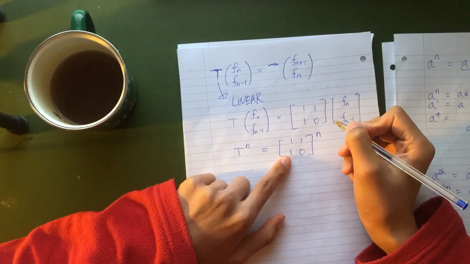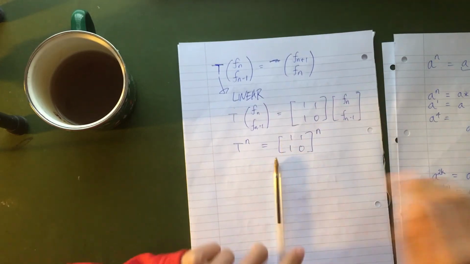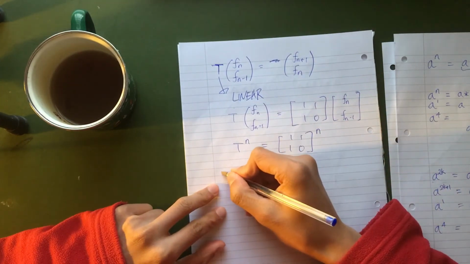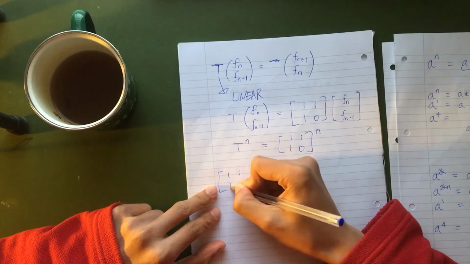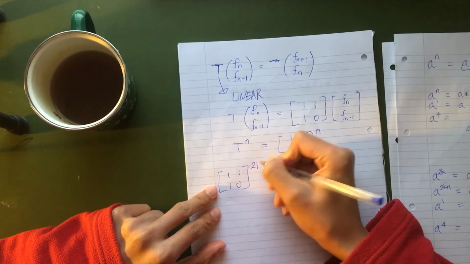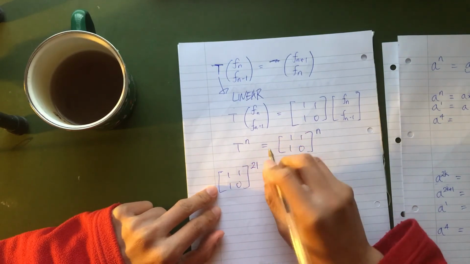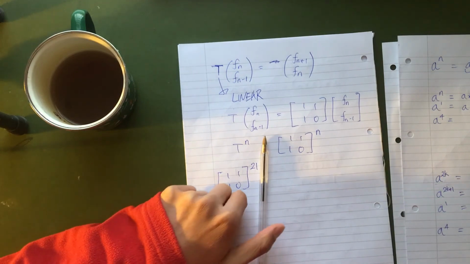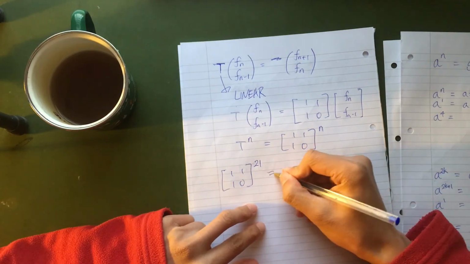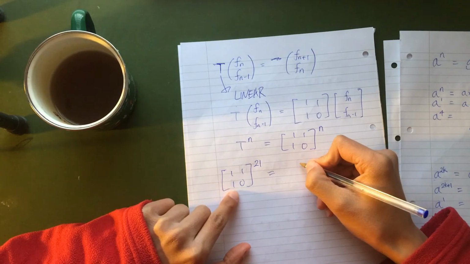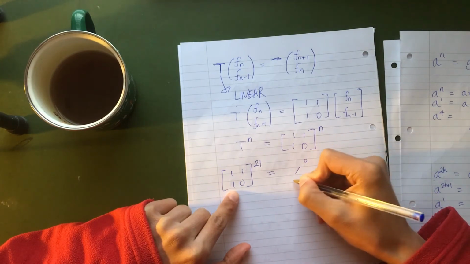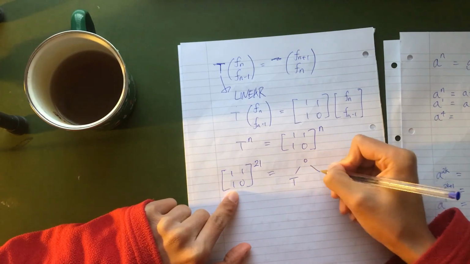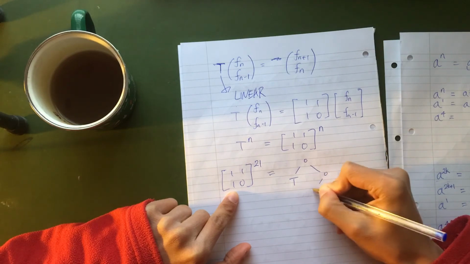And here we use fast exp. I'm going to do the matrix to the power of 21, to figure out the 21st Fibonacci number. And what it's going to do is compose T with T to the 10.